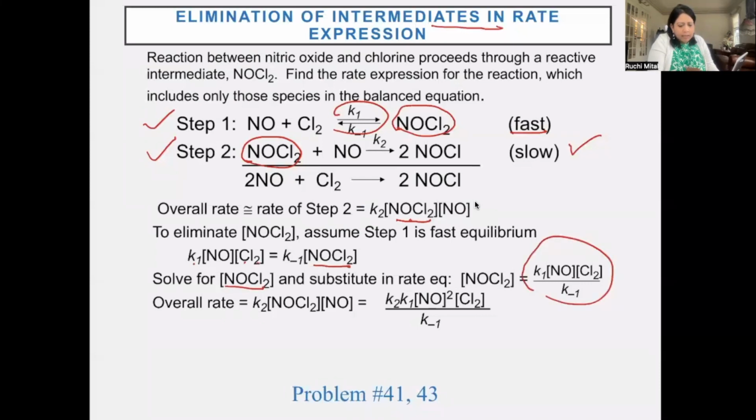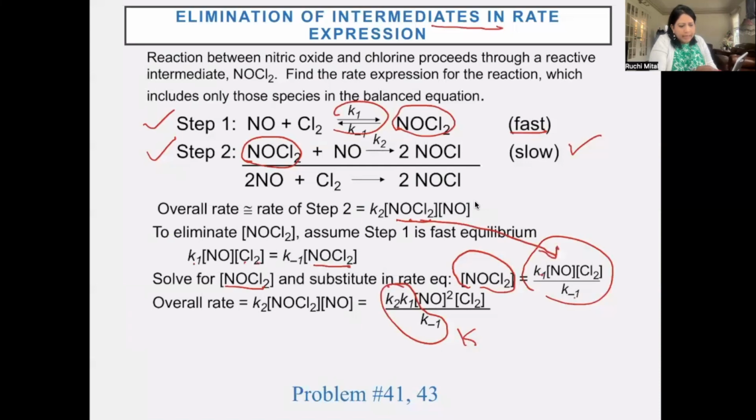Now, k1 and these are your constants, right? So we can just call it our new constant, and k2 is also a constant. We can get rid of all of these, and we can call this a new constant k. Now, where did we get this? Because we substituted this NOCl2 that we got over here into this equation.